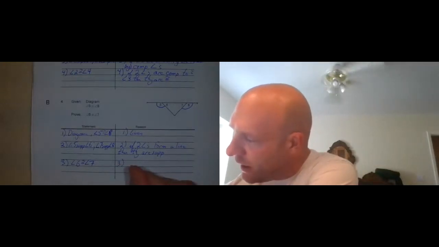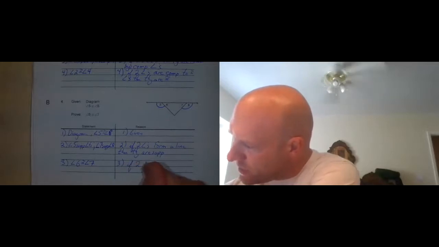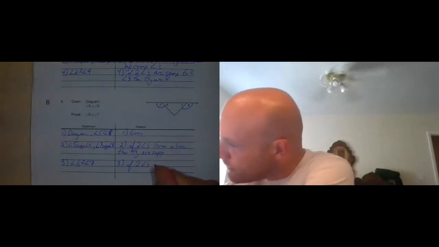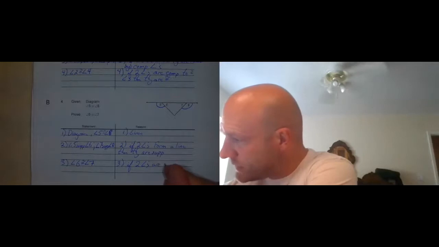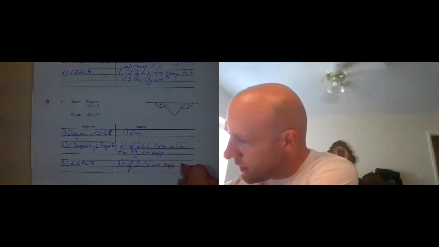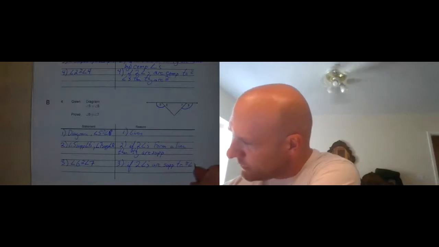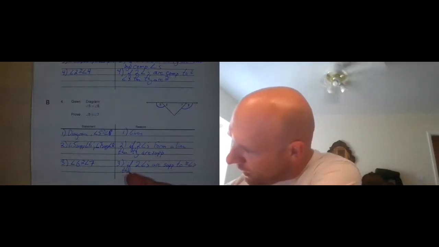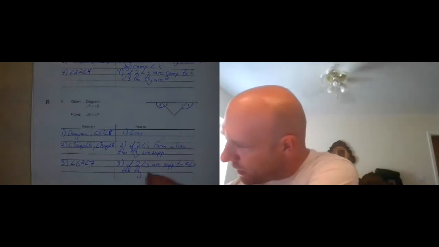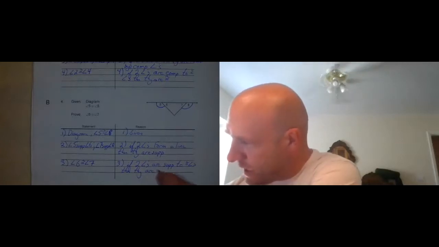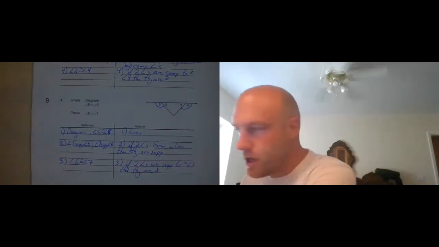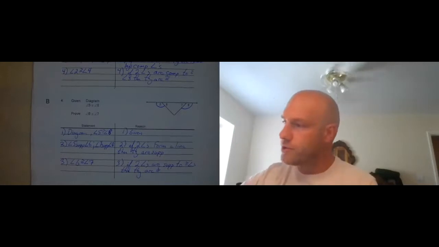And now I can say if two angles are supplementary, not to each other, but to two congruent angles, then they are congruent. Takes me from what I know to what I am trying to show. Beautiful.